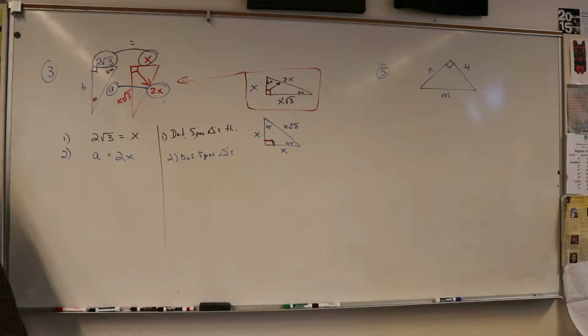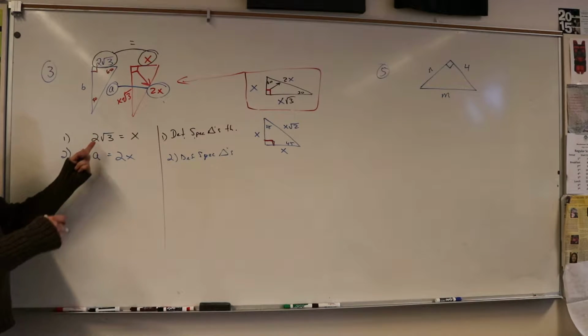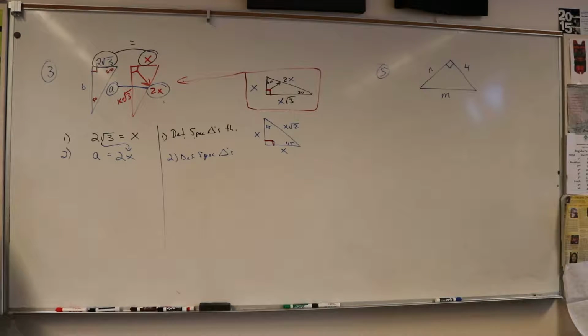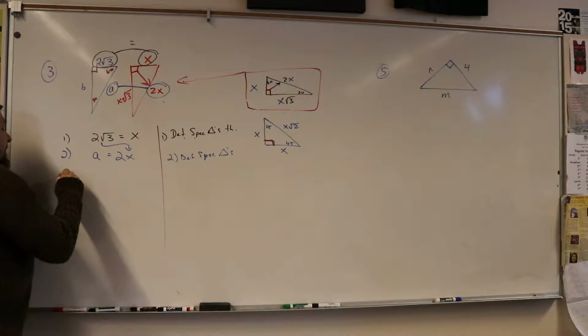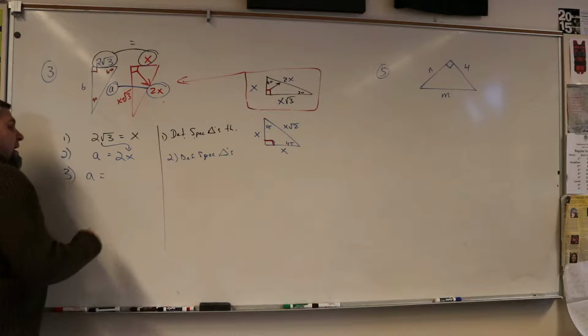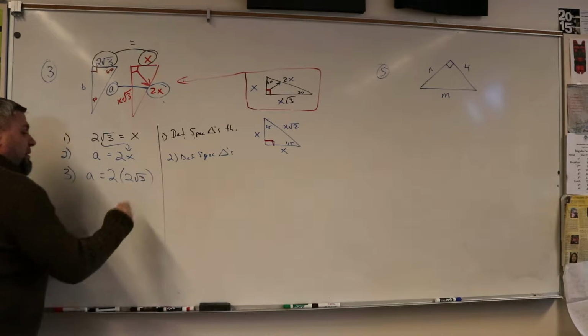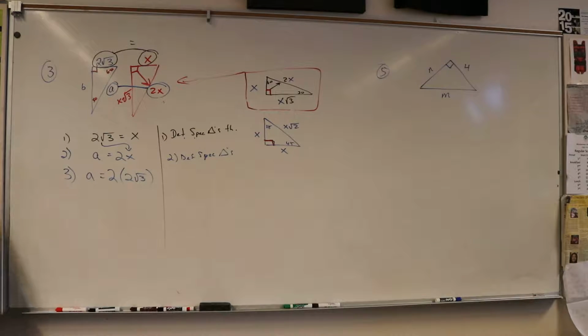Alright. So what's x? Did we figure out what x was? Yeah. What is it? 2 square root 3. So that means we can plug that in for x, right? Okay? So that means that A is equal to 2 times 2 square root 3. Okay?